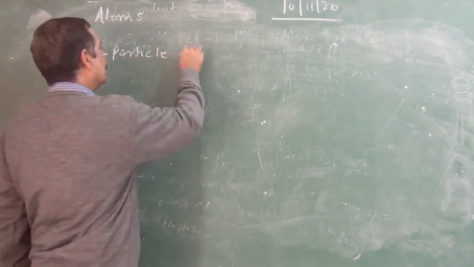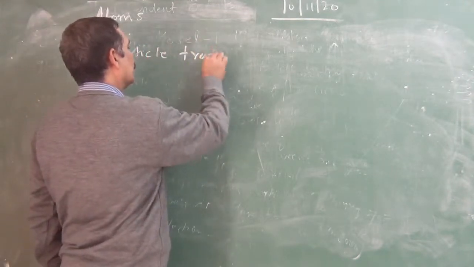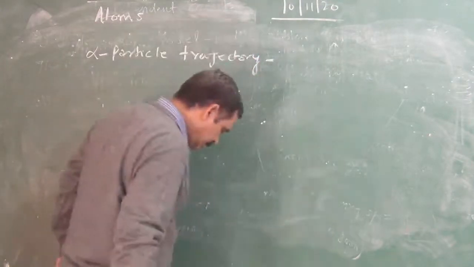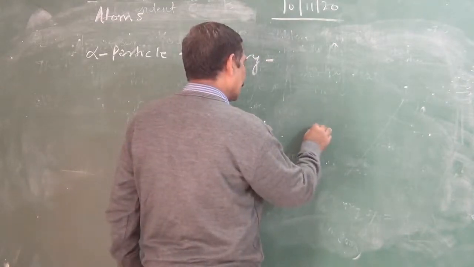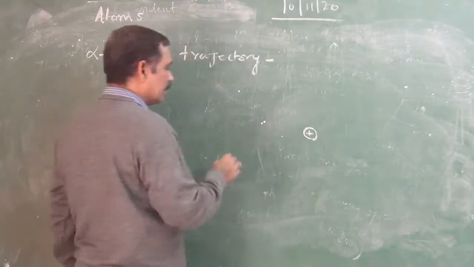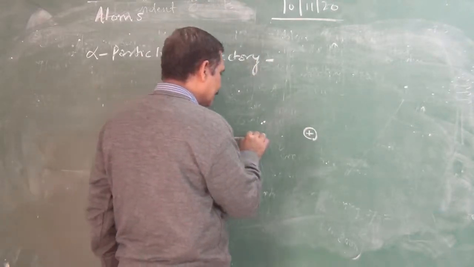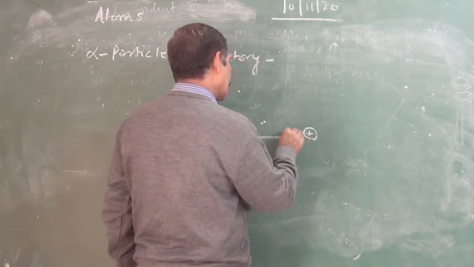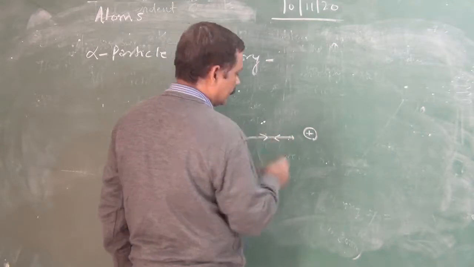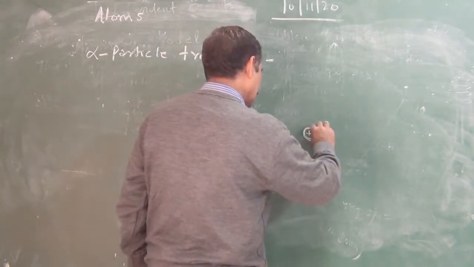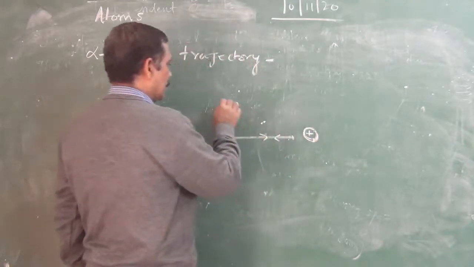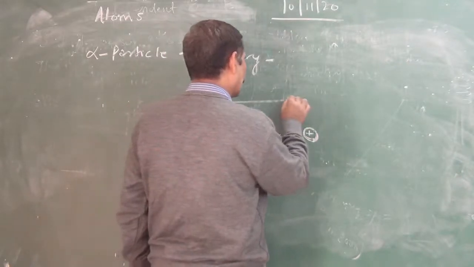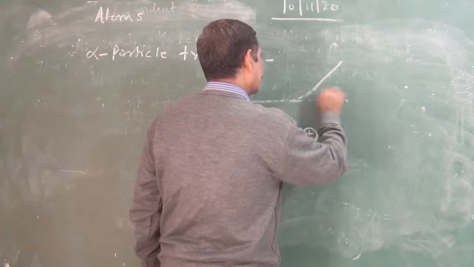This is the positive nucleus, and this is the alpha particle, and some of the alpha particles are deflected at angle theta.